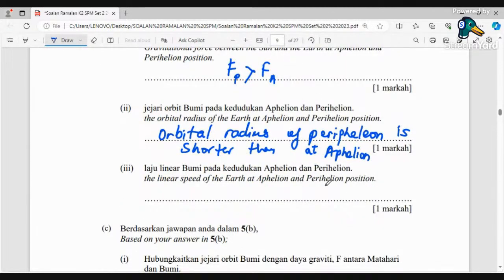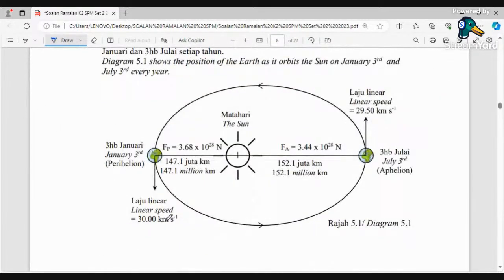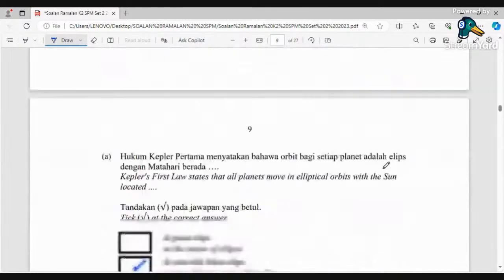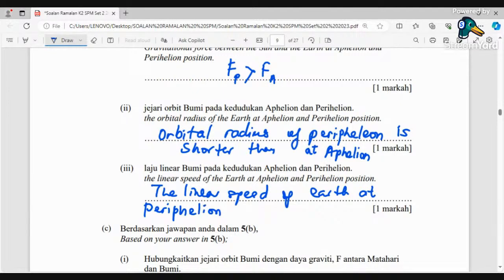Linear speed of Earth at aphelion and perihelion. Look back at the diagram and you can see that the linear speed at perihelion is larger compared to aphelion. The linear speed of Earth at perihelion is larger or higher than at aphelion.